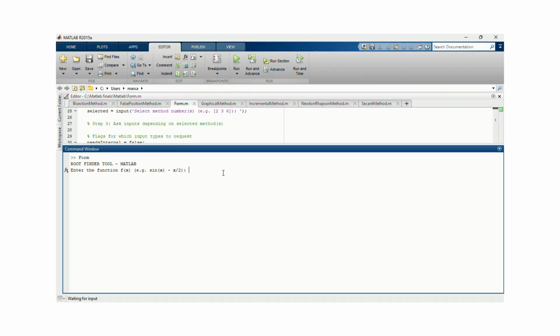Run the form. x exponent 2 minus 4. So here there are six available methods, and we'll be choosing graphical. Start interval of 0, 5.